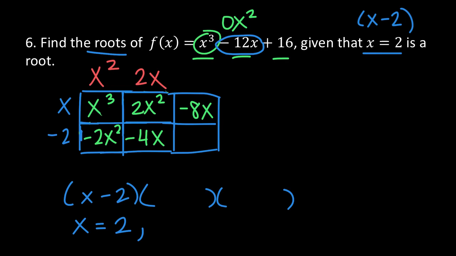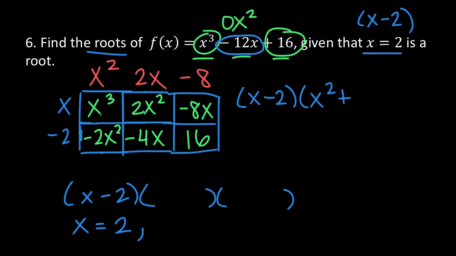And then on the top, to multiply to x to get negative 8x, negative 8. Negative 8 times negative 2 would be positive 16, and I do have a positive 16 at the end. That means what I have so far is x minus 2 times x squared plus 2x minus 8.